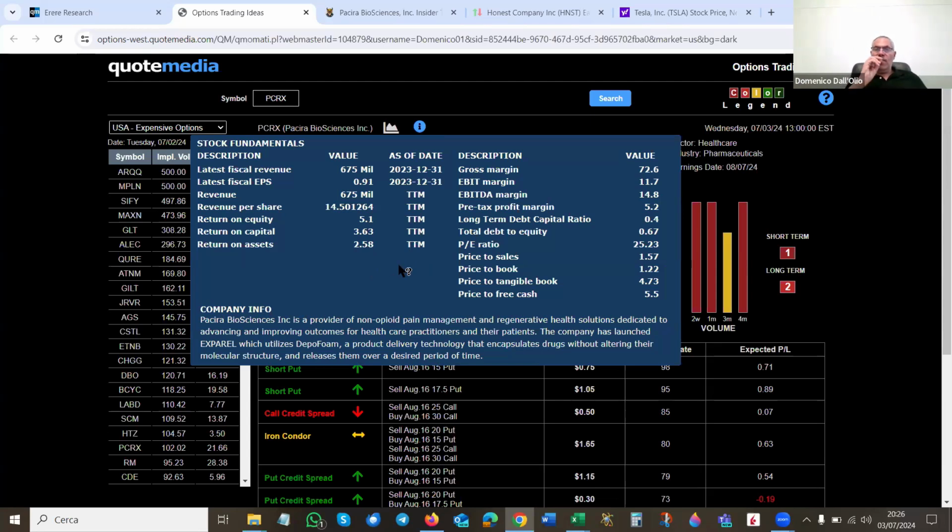For instance, one parameter I find very useful is the price to tangible book, because the price to book tells you how many times the price is reflecting the whole value of the company. But in the book value, there are often patents and expectations of future value of products and the like.